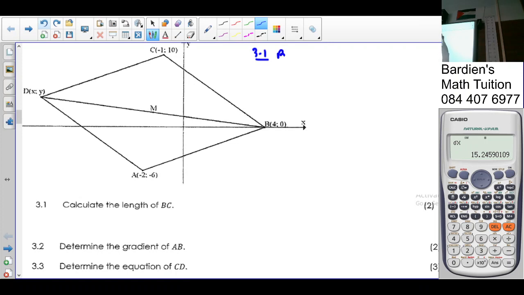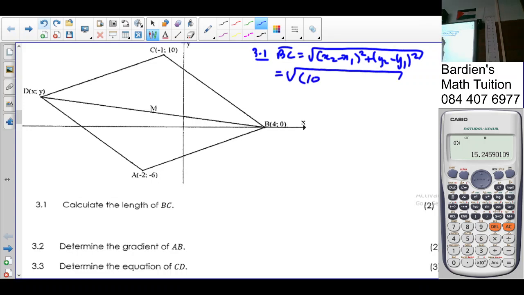So for BC, it's going to be the square root of (x2 minus x1) squared plus (y2 minus y1) squared. So it's going to be the square root of (10 minus 0) squared plus (-1 minus 4) squared.